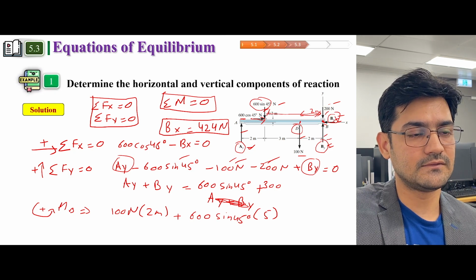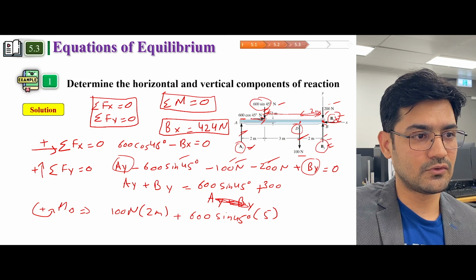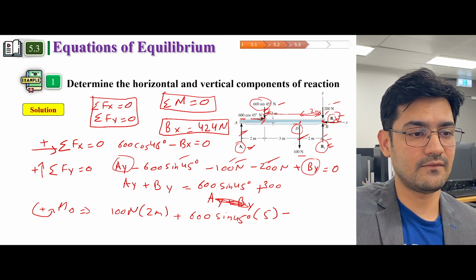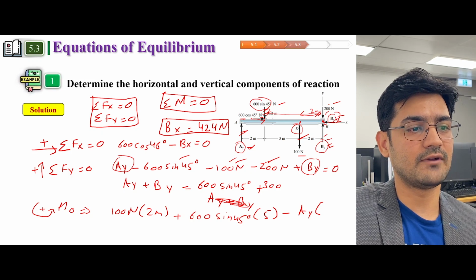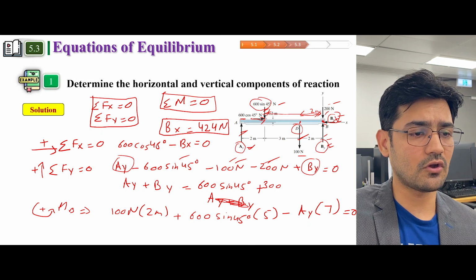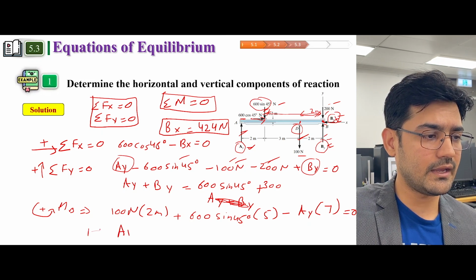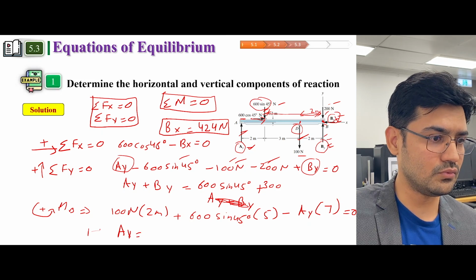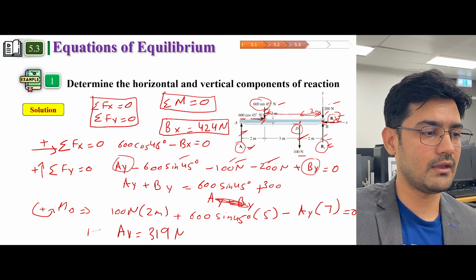Now we have done this force. Now what about this force? This force is clockwise, so negative a of y into 2 plus 2 4 5 6 7, so it would be 7 is equal to 0. So if you solve all this, you will get ay equal to 319 Newton. So you have ay now.